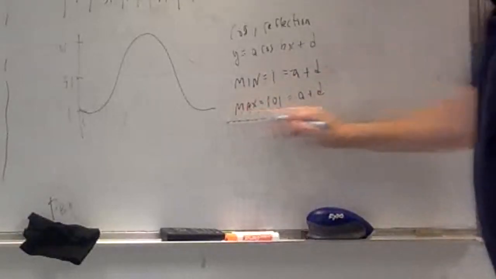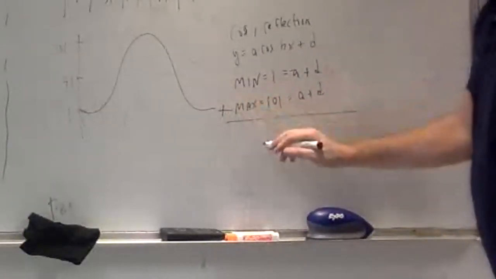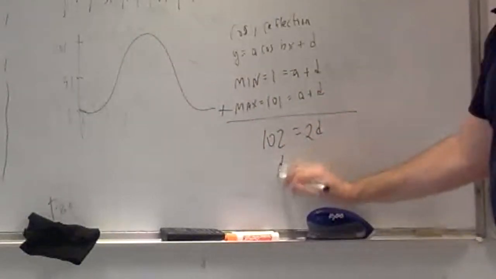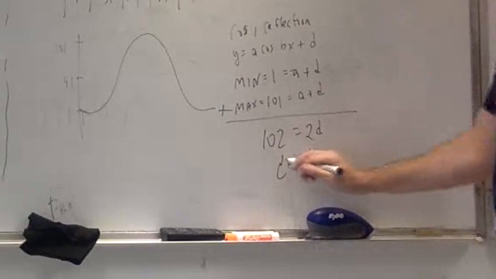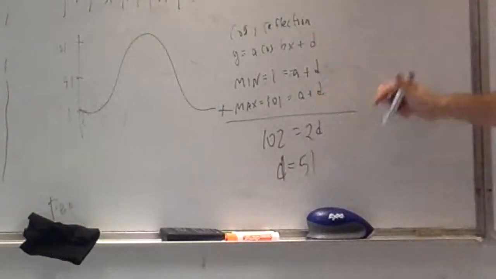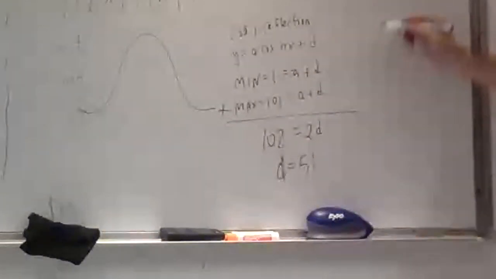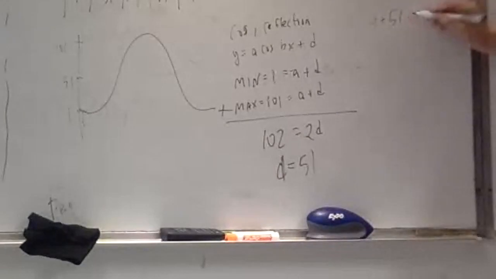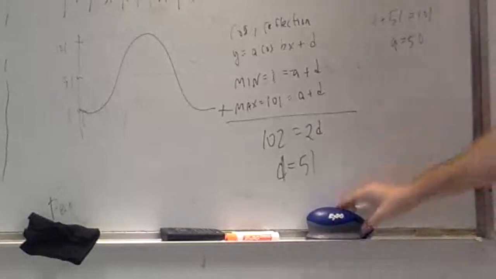And these are just simultaneous equations. So let's add these together. We have 102 equals 2d, d equals 51. And then we can take the second equation because that's easy. a plus 51 equals 101, a equals 50.